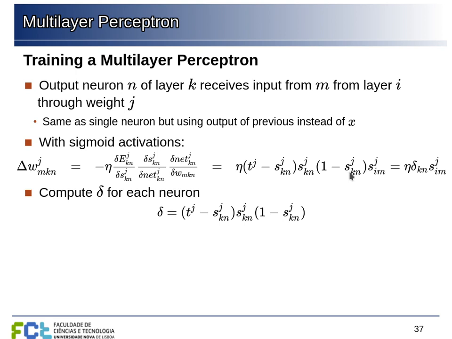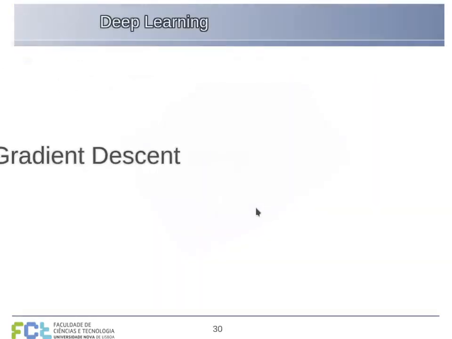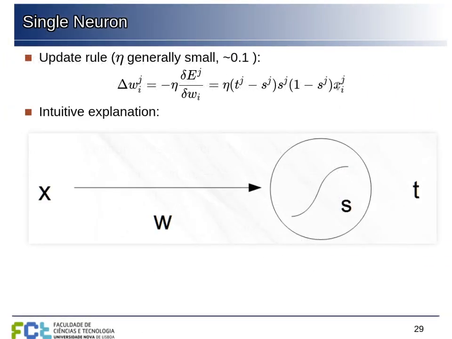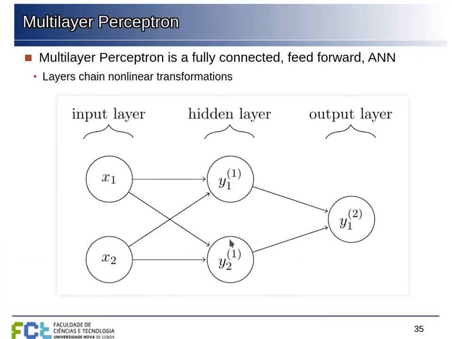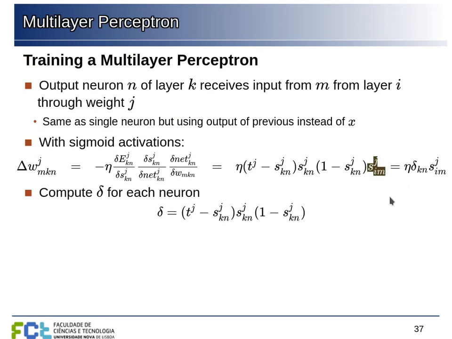But note that if we are computing this for a neuron at layer k, we don't use the inputs of the actual example, but we use the output of the activation function of the neuron at the previous layer. So the values here, instead of being these x values which were for the input vector, we are now using the outputs of these previous neurons as the input into the last neuron. So we have here the output of the neurons in the previous layer.